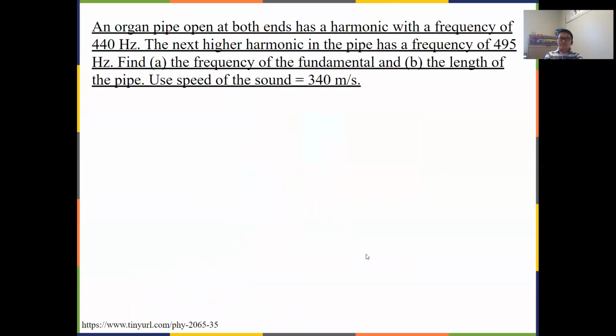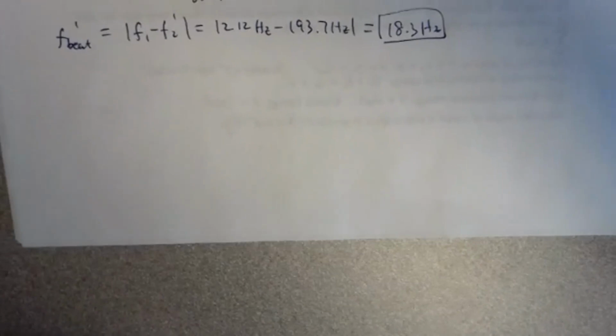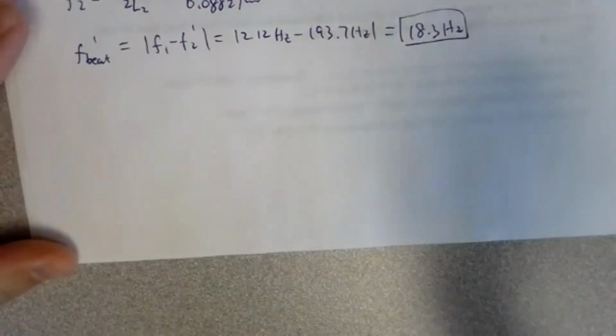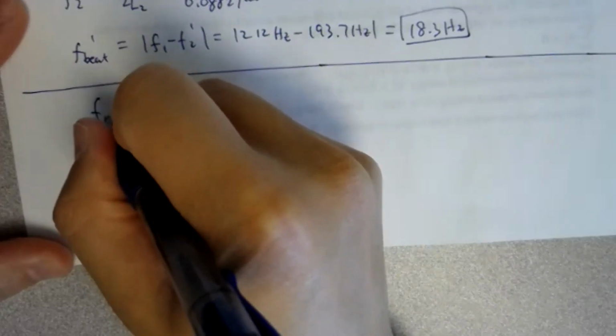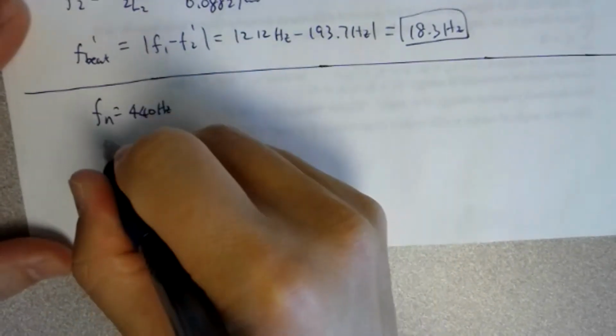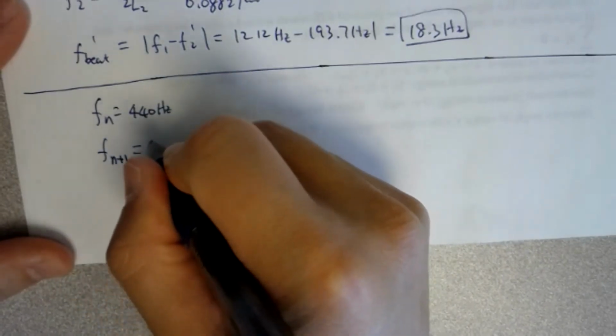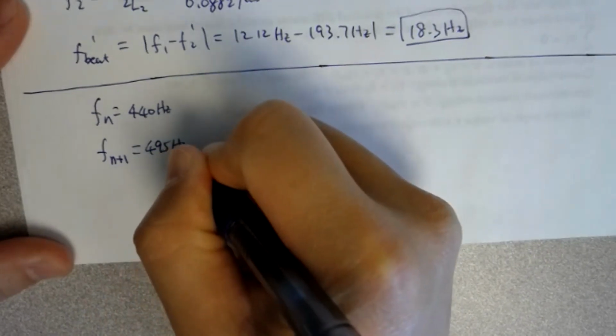Let's take a look. So what you will be writing down here is the nth harmonic, F sub n, is equal to 440 Hertz. Now, the next harmonic, that means n plus 1, is 495 Hertz.